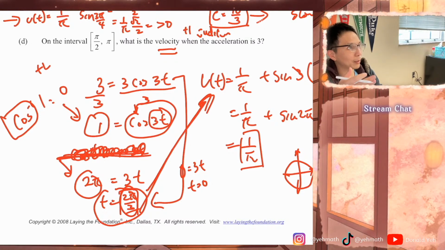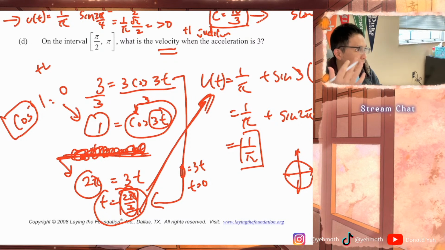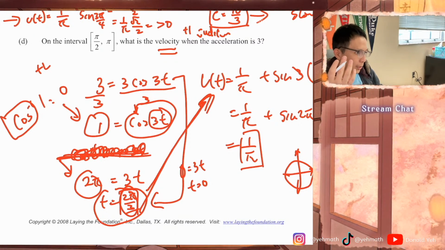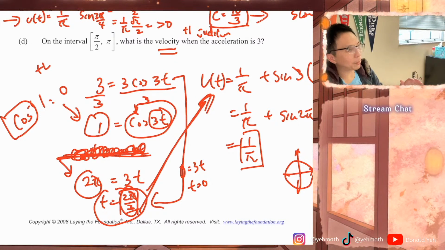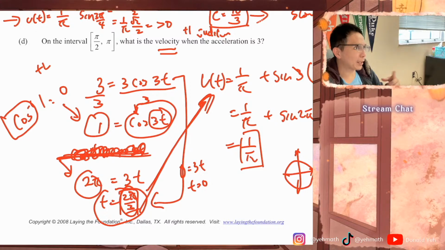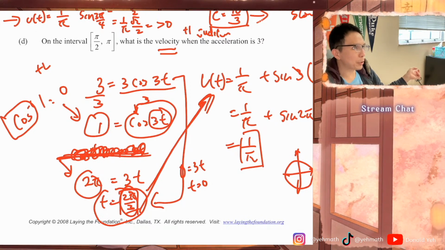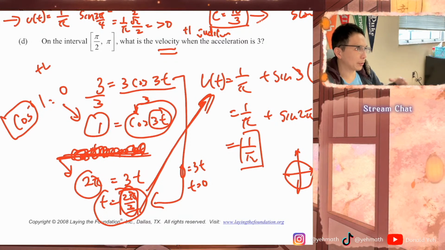Now, sometimes you don't need a continuation. For example, you solve t equal to, say, 3 pi over 4, and you plug in 3 pi over 4, and you got a new value not matching the answer. That may give you that point, but it won't give you the first point. But usually this type of question requires a continuation.